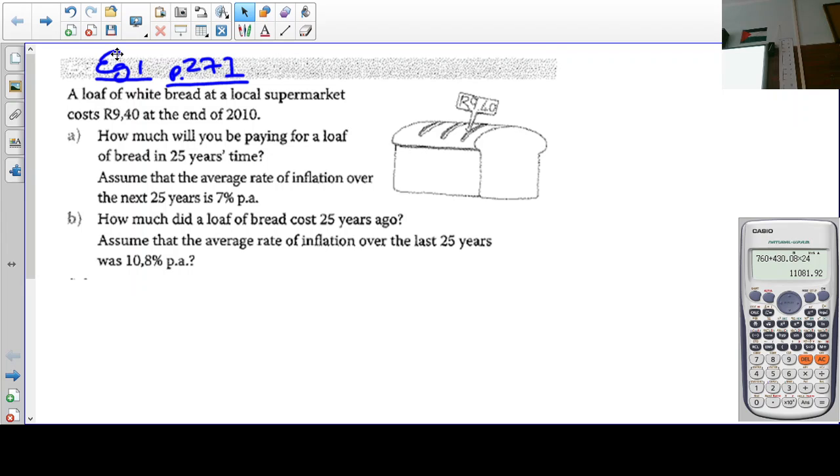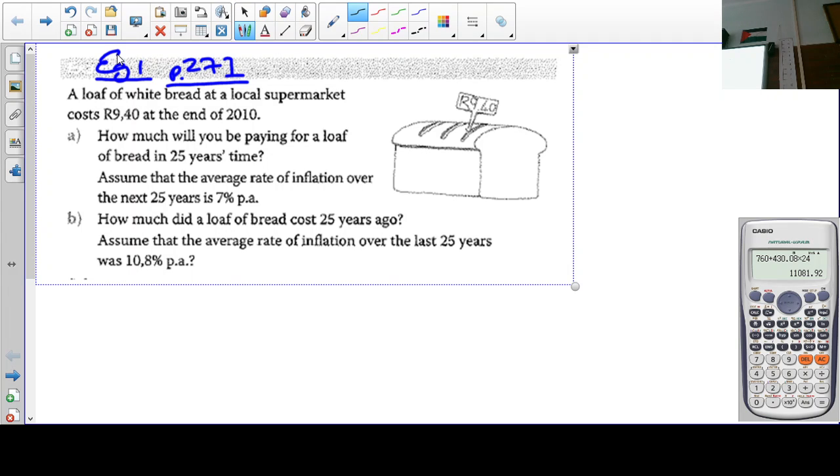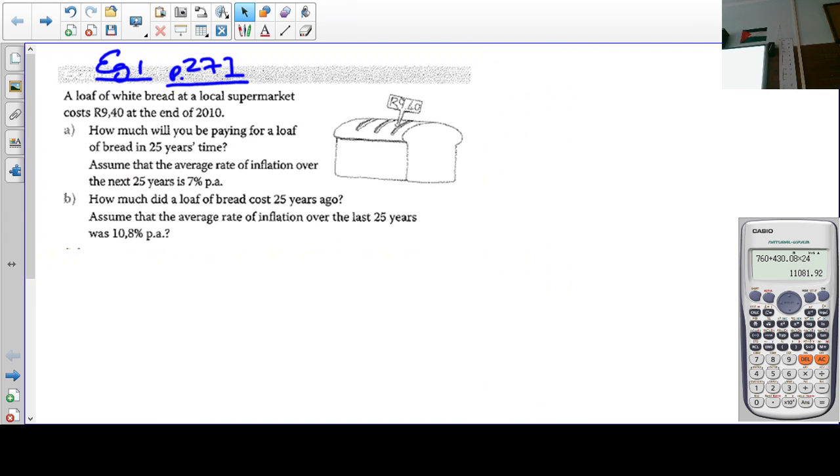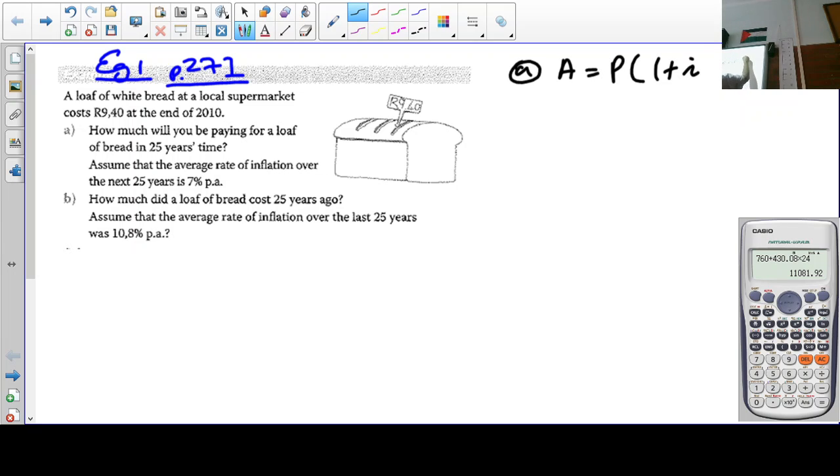Question A says, how much will you be paying for a loaf of bread in 25 years' time? Assume that the rate of inflation over the next 25 years is at 7%. Okay. So what did we say? Which formula are you going to use for inflation? The compound formula. Okay. So your compound formula is A is equal to P into 1 plus i to the exponent n.